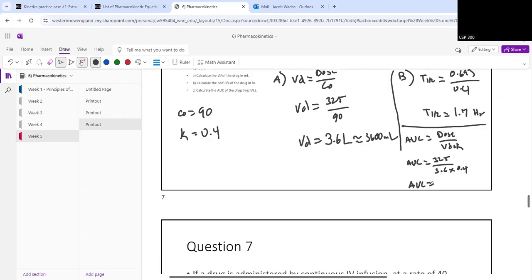What did you guys get for the AUC? Alright, 22. Is the same. What did you get? I got 225. Yeah, I got 225. So you're off by a lot? No, the decimal place basically. 225.7, but this is milligrams per liter times hours, if you use the milliliter one.